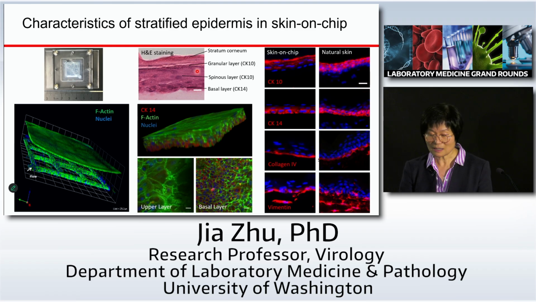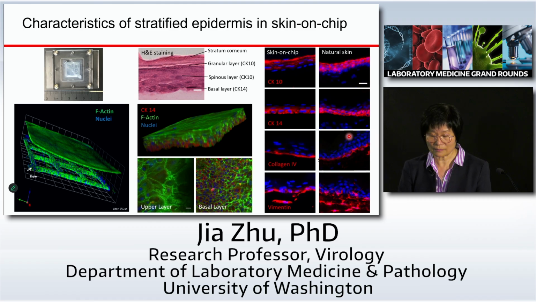H&E staining indicates that our engineered skin has a typical stratified epidermis, including the basal layer, the spinous layer, granular layer, and the cornified layer.